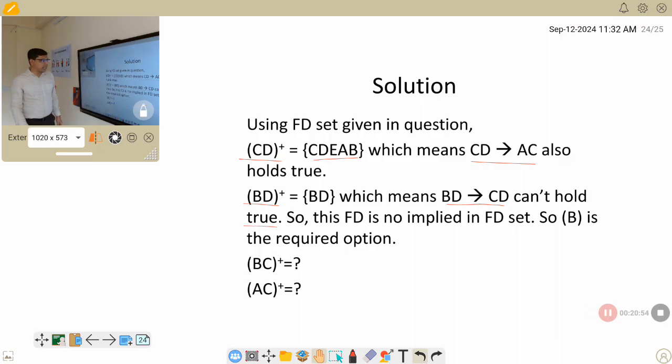So this FD is not implied by the FD set. So option B is the required option. We do not need to check the closure of the other two, because we have found it: BD plus equals BD, which means BD arrow C cannot hold true. So this FD is not implied in the FD set, and B is the required option.